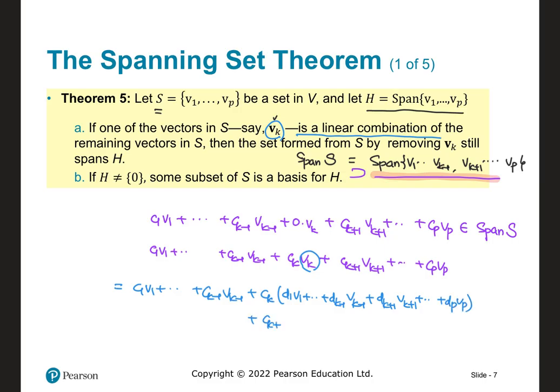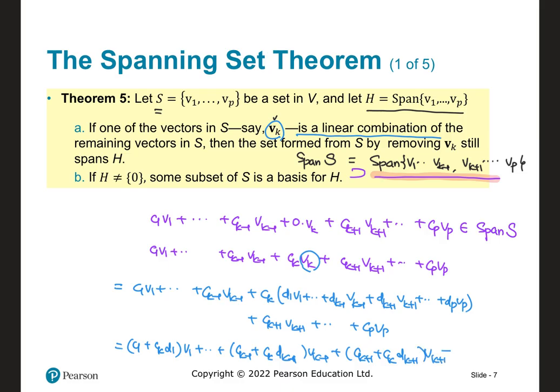And if I have the other expression, then as you can see, you can rearrange these terms as (C1 plus Ck d1) times V1, and (C(k minus 1) plus Ck d(k minus 1)) V(k minus 1), (C(k plus 1) plus Ck d(k plus 1)) V(k plus 1), up to (Cp plus Ck dp) Vp.